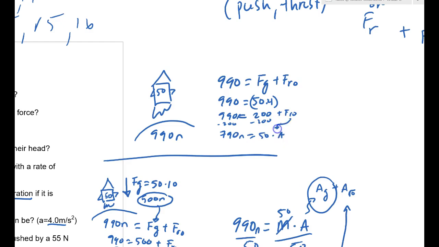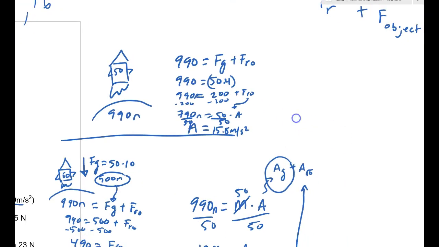Subtract 200 from both sides, we're left with 790 newtons being applied to the 50 kilogram mass at some rate of acceleration. Divide both sides by 50: your acceleration will equal 790 divided by 50, which is 15.8 meters per second squared. The other way we can do this is we can say 990 newtons is going to be equal to the mass of the rocket times acceleration.